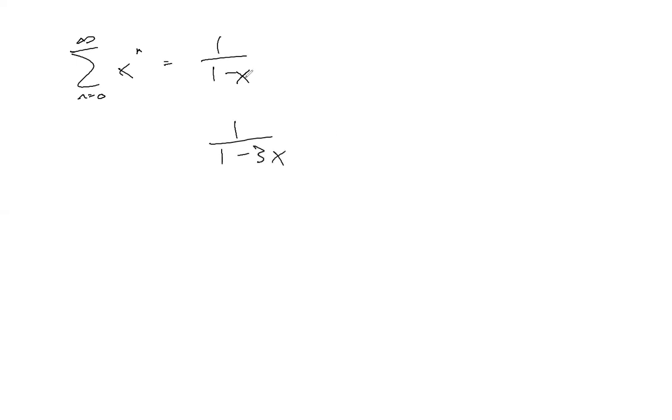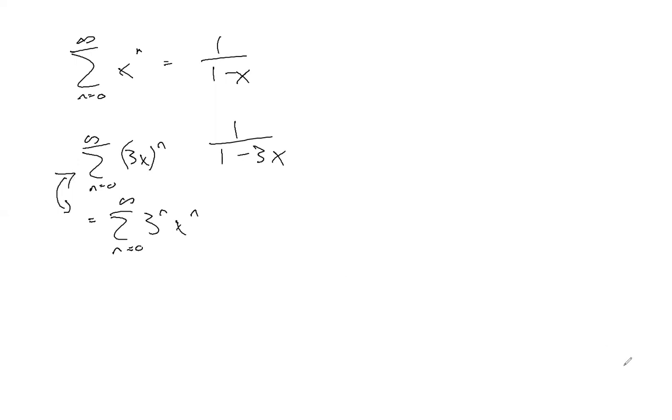I should just replace x with 3x in my power series. And again, I could simplify this. I could split these terms up. I could say this is 3^n x^n. If I wanted, again, either one should be fine.